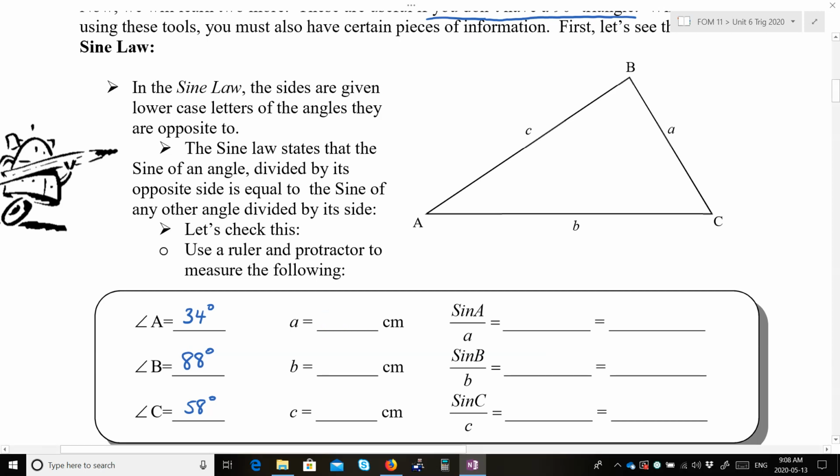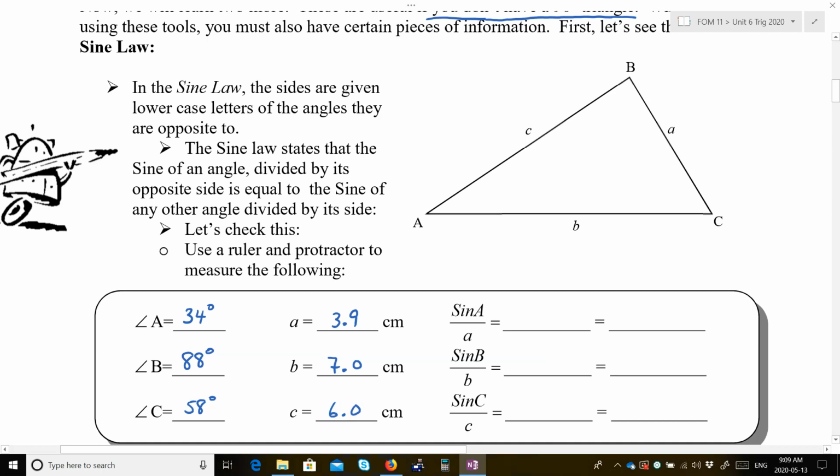When I used a ruler to measure the sides, I got that side a was 3.9 centimeters, side b was 7.0 centimeters, and side c is 6.0 centimeters.